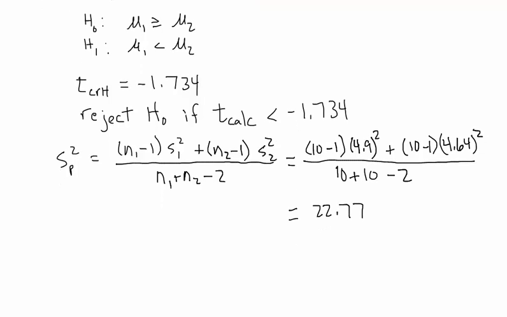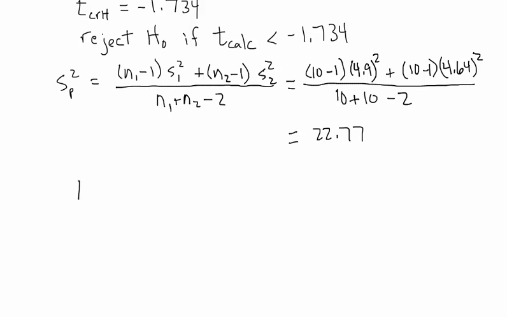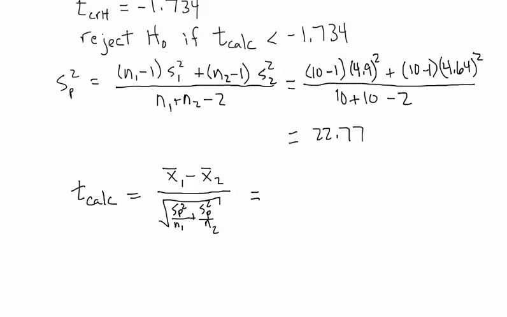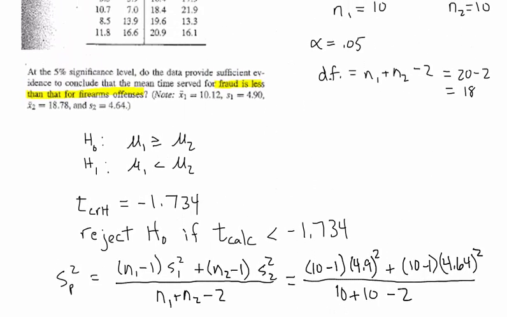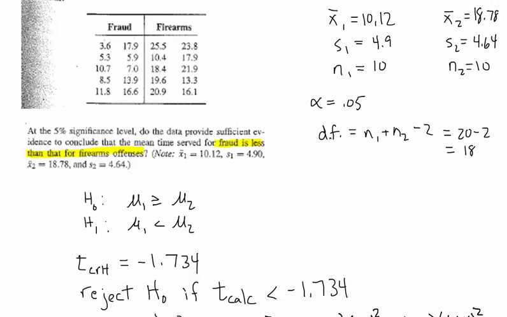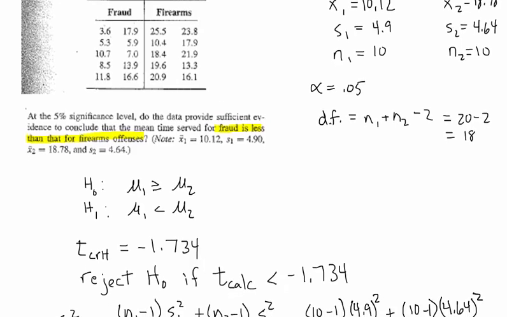And now in order to find our t-calc, we have t-calc is equal to x bar 1 minus x bar 2 divided by the square root of SP squared divided by N1 plus SP squared divided by N2. And this is equal to, x bar 1 was 10.12 and x bar 2 was 18.78.